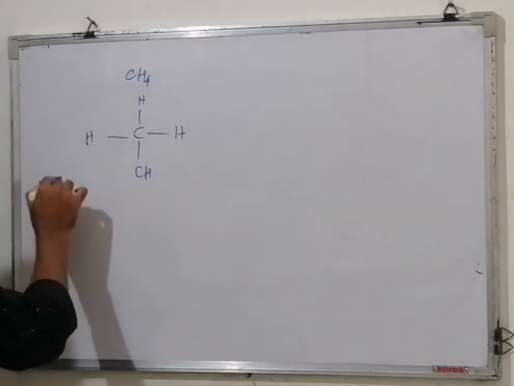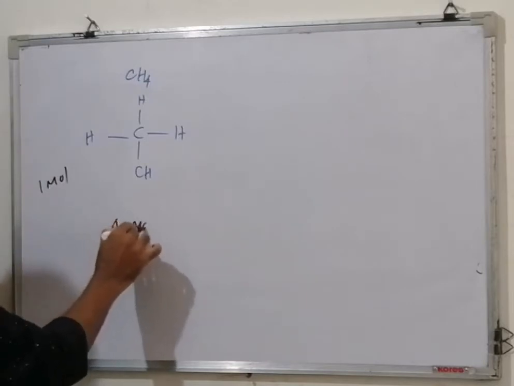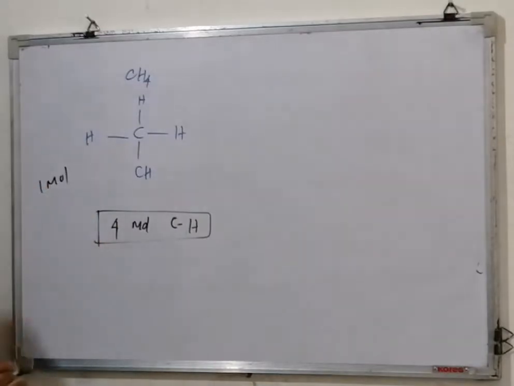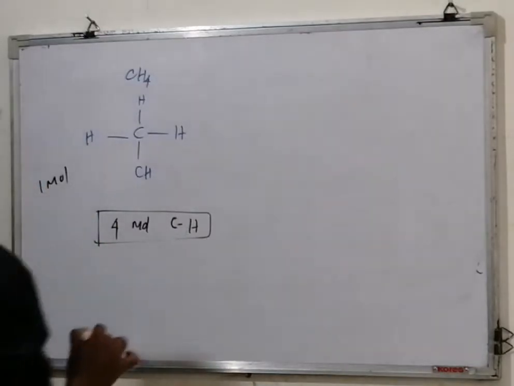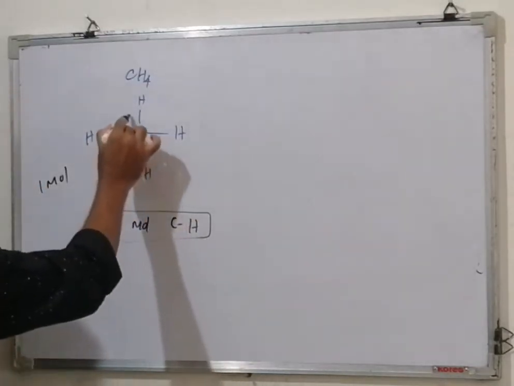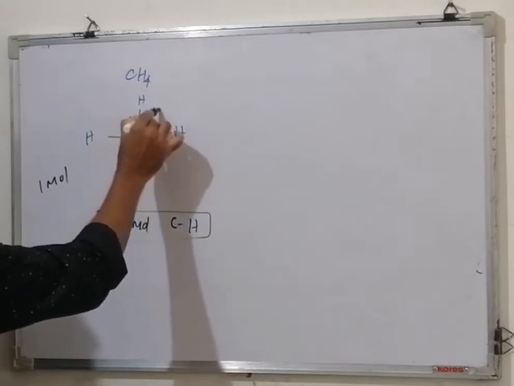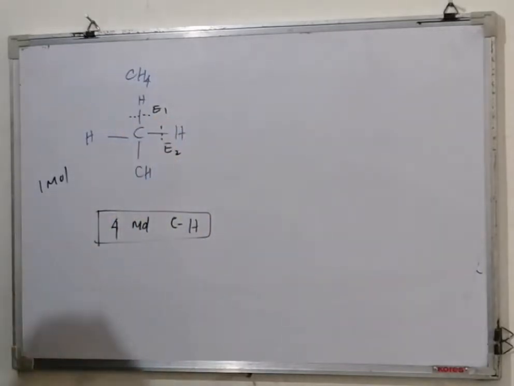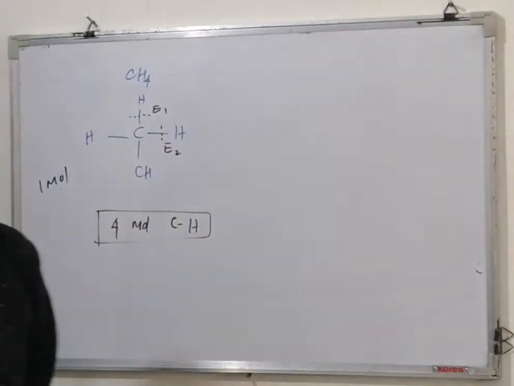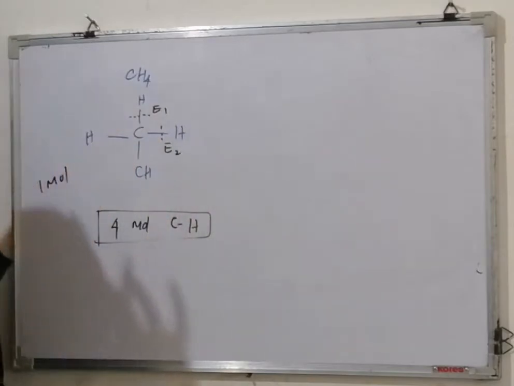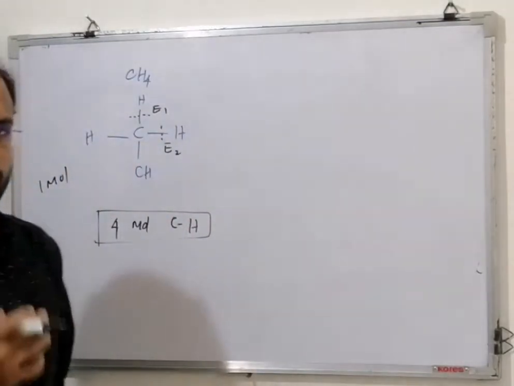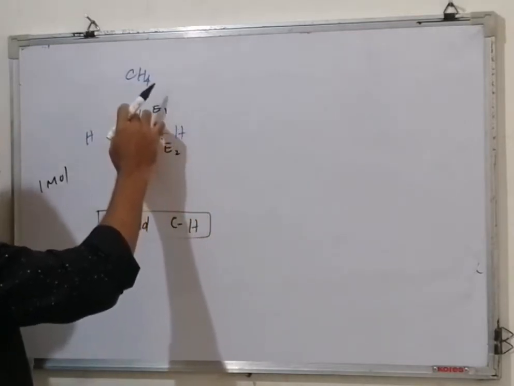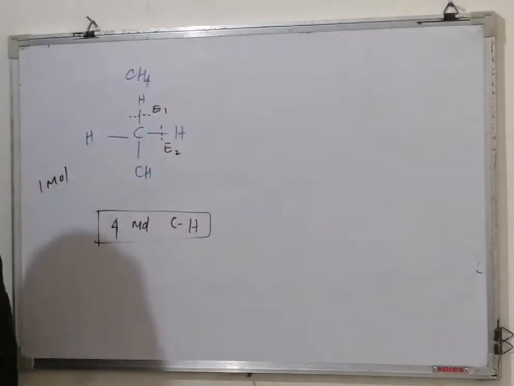Suppose you have 1 mole, total 4 mole CH bonds. The energy required to break these, suppose E1, this is E2. Although these bonds are the same, the value will be different, because this breakage happens after this breakage.